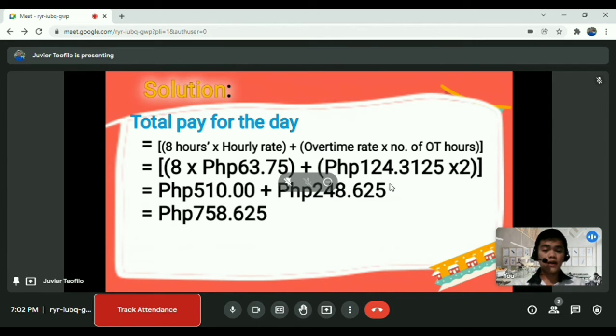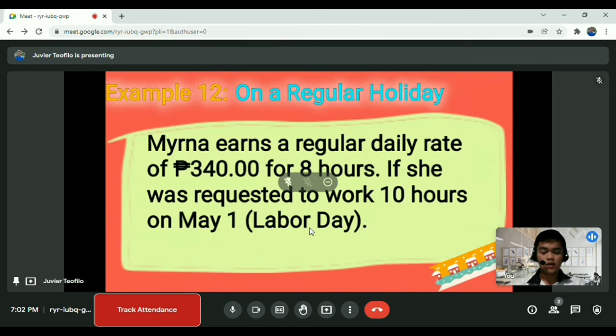Plus, to multiply 124.3125 times 2, we have 248.625. Then, to sum it up, we have 758 pesos point 625 centavos.